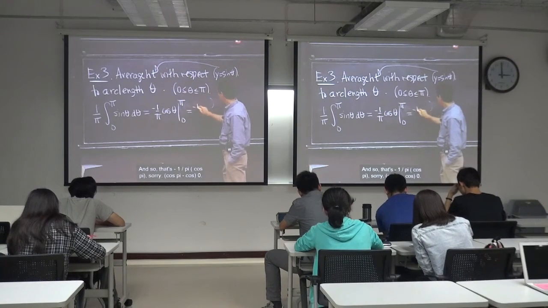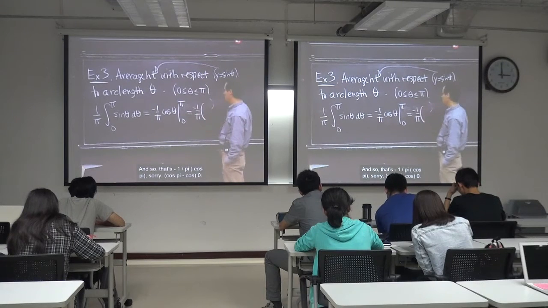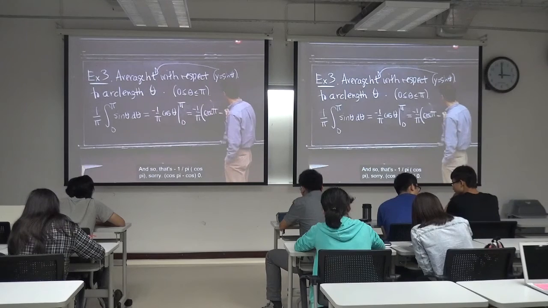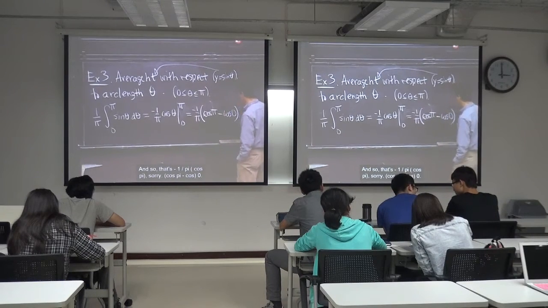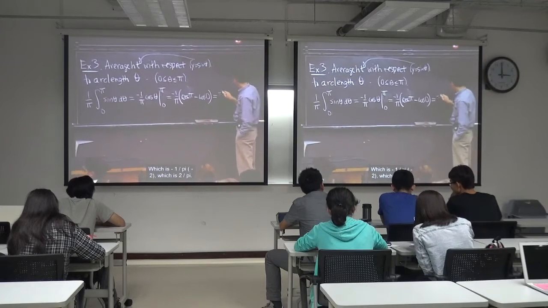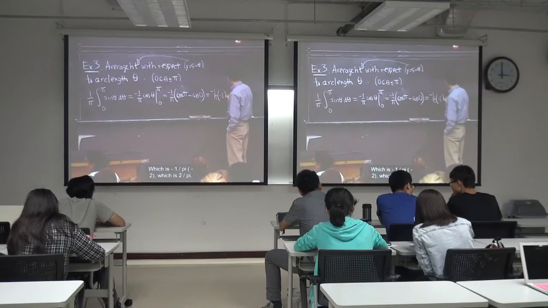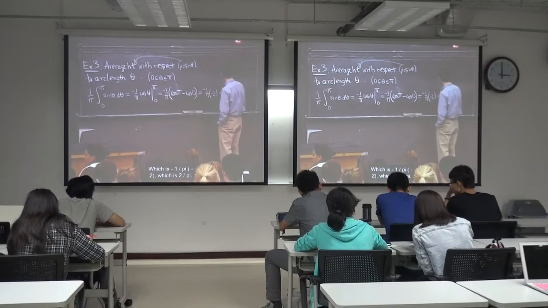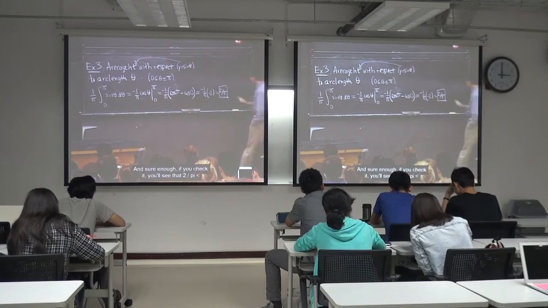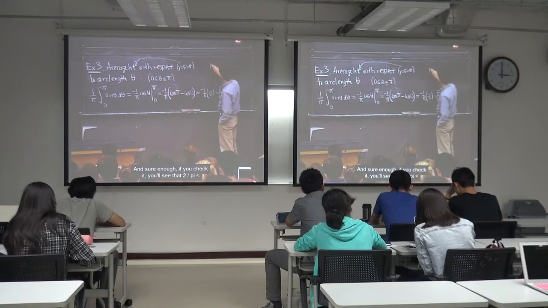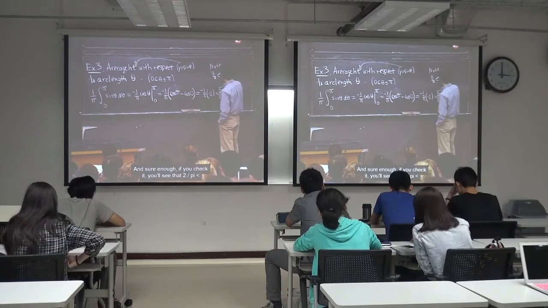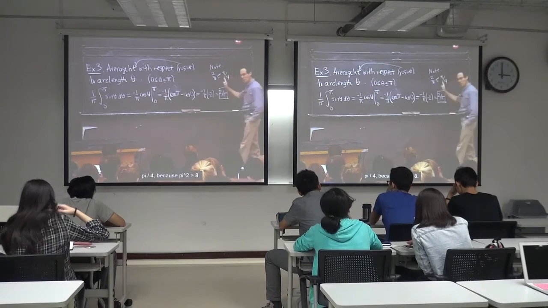And so that's negative 1 over pi times cosine pi minus cosine 0, which is negative 1 over pi times negative 2, which is 2 divided by pi. And sure enough, if you check it, you'll see that 2 over pi is less than pi over 4, because pi squared is bigger than 8.